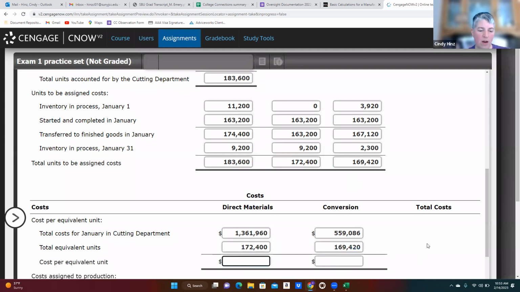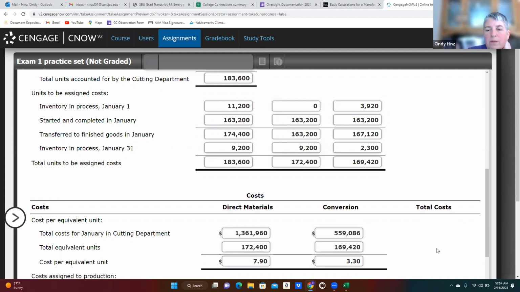And so we have the total costs and we have the total units. So we can divide cost by unit to get the cost per unit: $7.90 for direct materials and $3.30 for conversion costs.